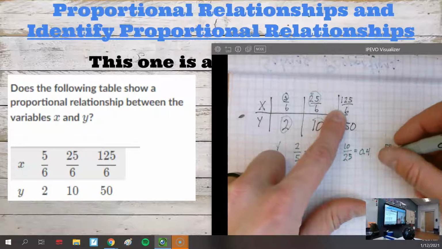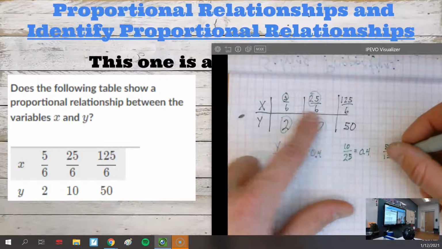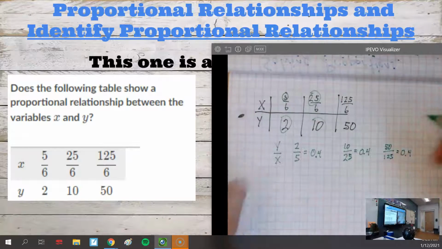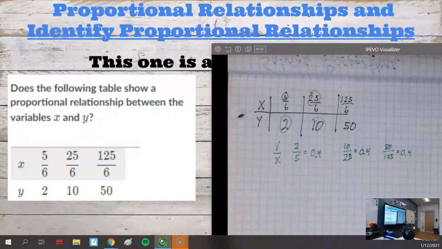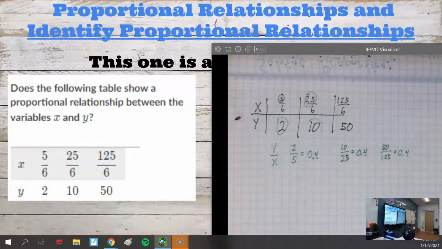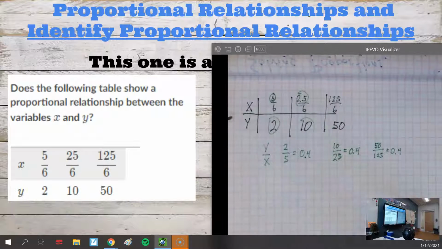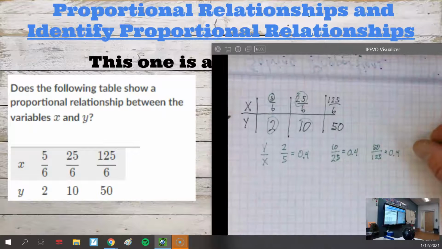Again, we can ignore the 6 for a moment because they all divide by 6. This is 0.4, I think. Check it. If all of these have the same value, that's the constant of proportionality. Yep. So the constant of proportionality checks out, actually.